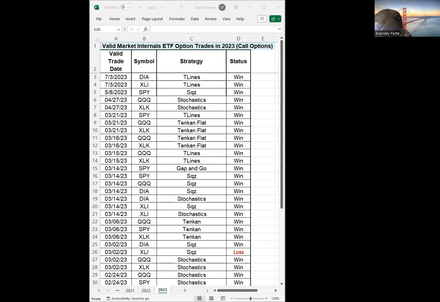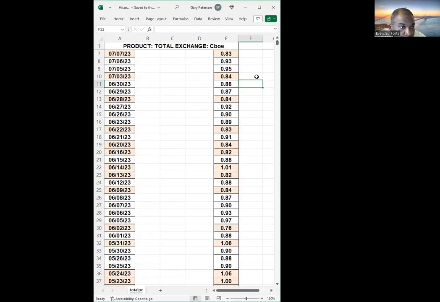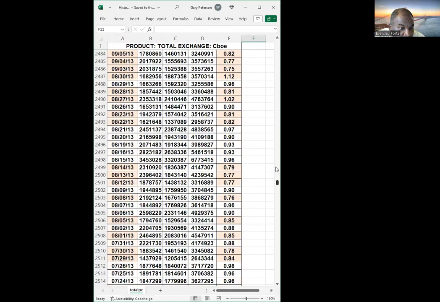Let's see. This is from the CBOE Options Exchange. Becky keeps track of the put call ratios every day. She puts them into a spreadsheet.